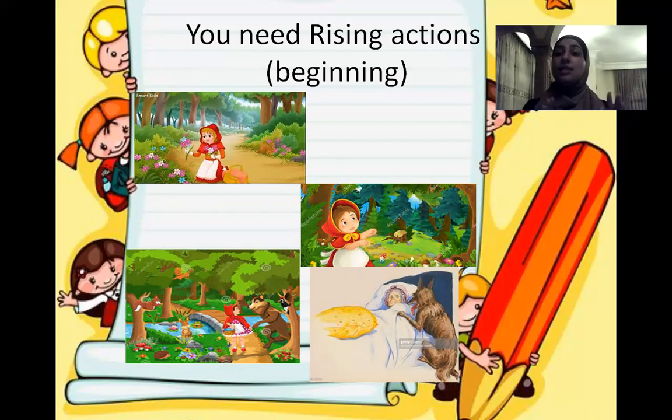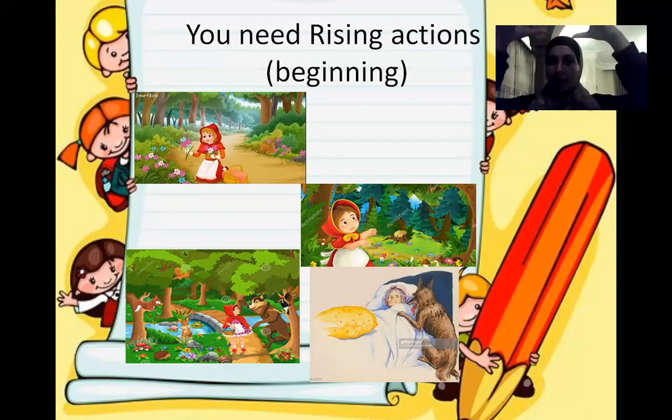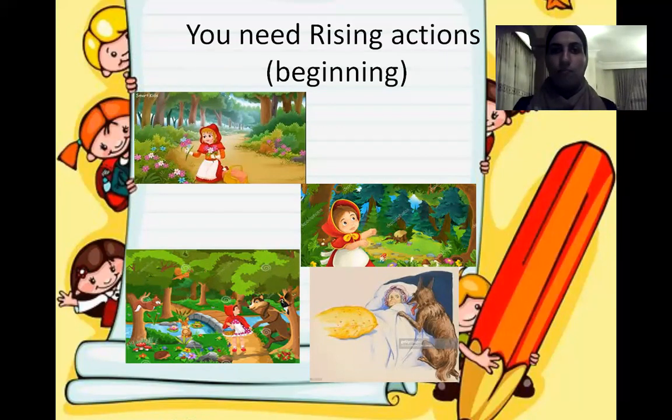So these are the rising actions that led to the big problem that happened. So you have the rising actions that caused the climax of the story.